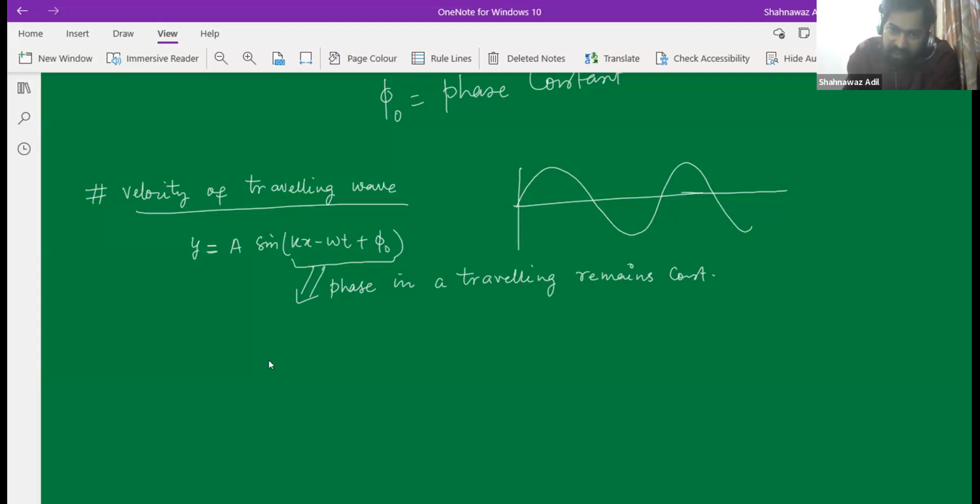So if we take kx - ωt + φ0, x is the propagation of the wave, right?